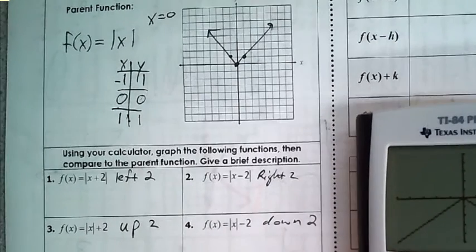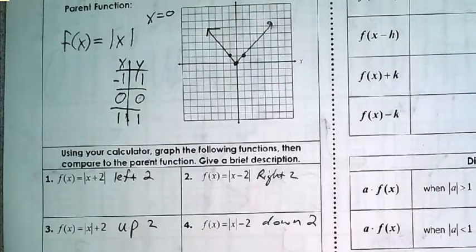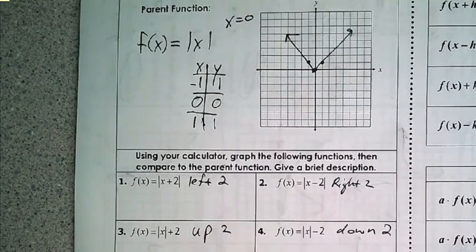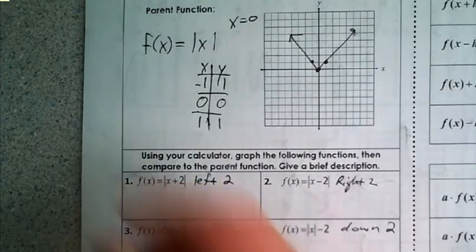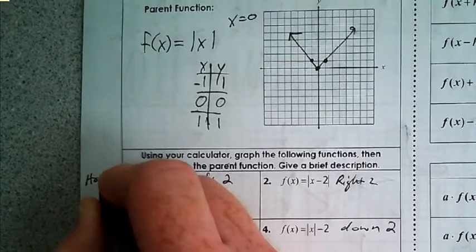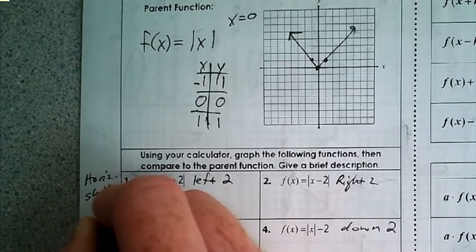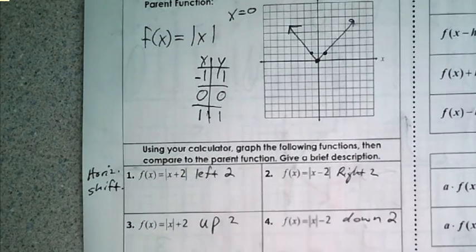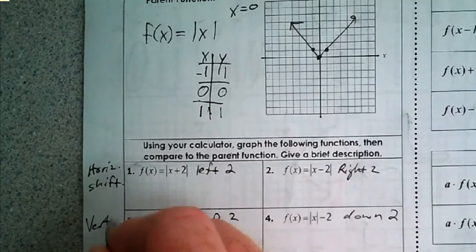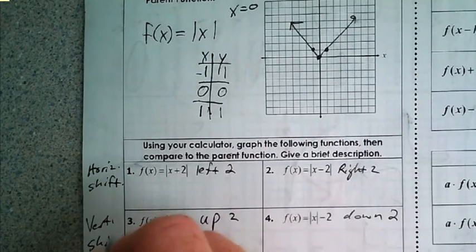Now, in doing all of these transformations, the first 2 went together, the second 2 went together, the third 2 went together, and the last one stands alone. The first 2 are horizontal shifts. The next 2 are vertical shifts.